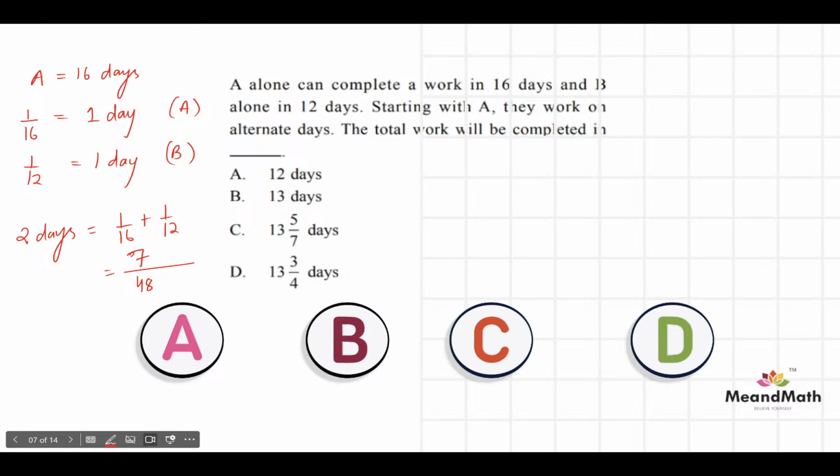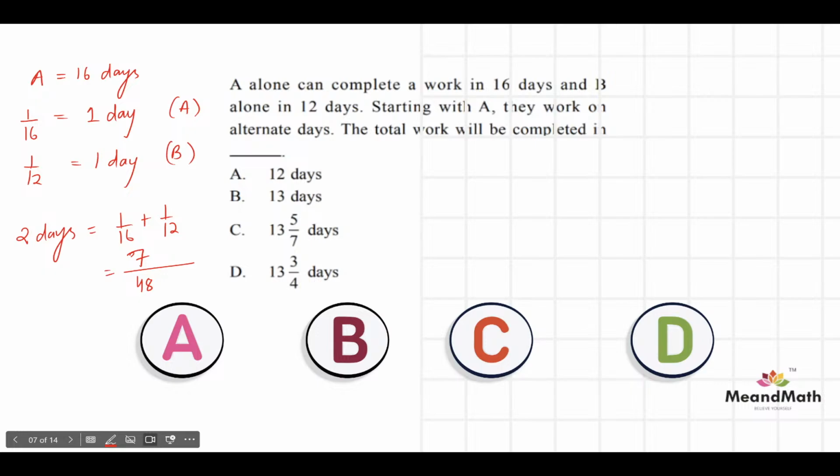Now, the common days is like 12. B is working for 12 days. So when the 12th day of B comes, they both will have worked alternately: A's first day, B's first day, A's second day, B's second day, something like that. So till 12 days, because B is working for 12 days, they both will keep on working for 12 days alternately.